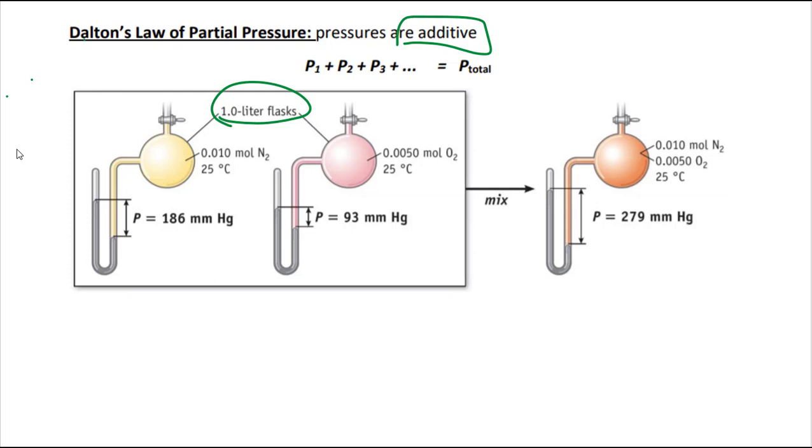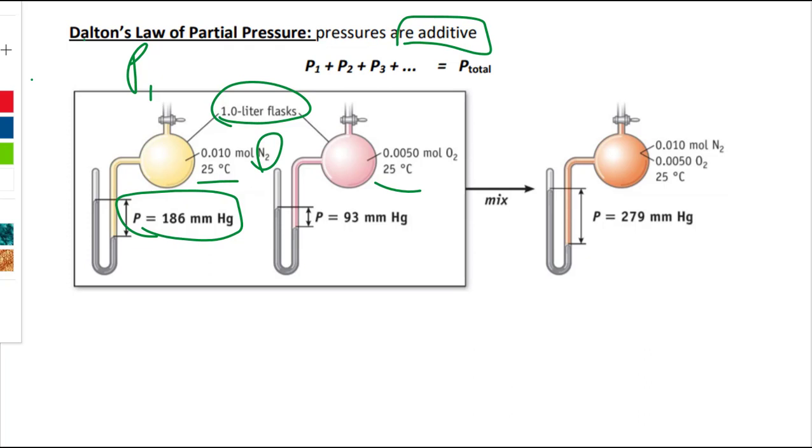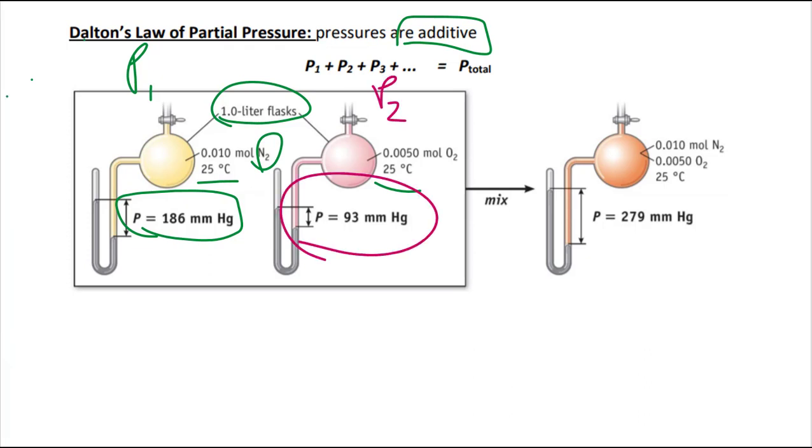In this first system of nitrogen, both at 25 degrees, I have a pressure of 186 millimeters of mercury, and we're going to call this P1. In my second system, which we'll call P2, I have 93 millimeters of mercury.